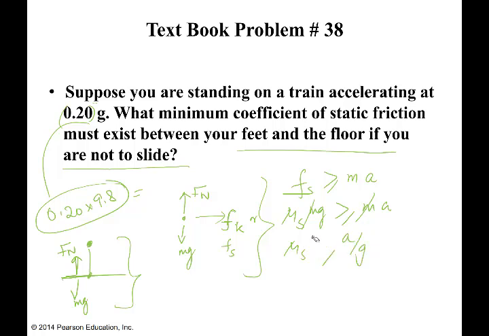But we know that the acceleration is 0.20 g, so mu s is equivalent to 0.20 times g over g. This gives me the coefficient of static friction as 0.20, and this is the coefficient of static friction that I need in order to keep my feet firmly on the ground so that I will not slide.